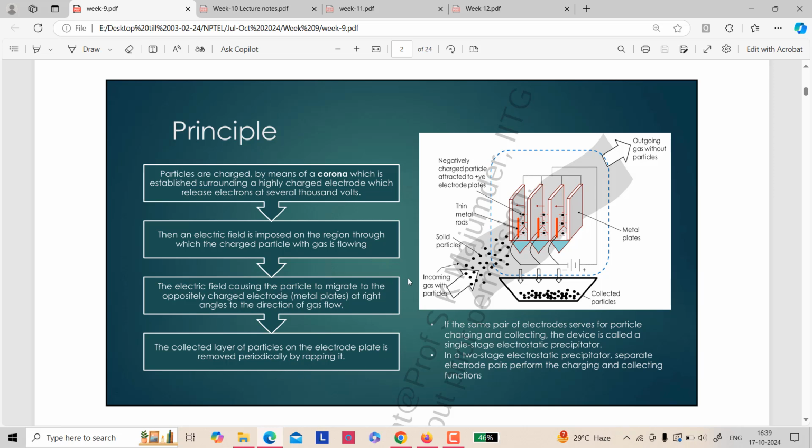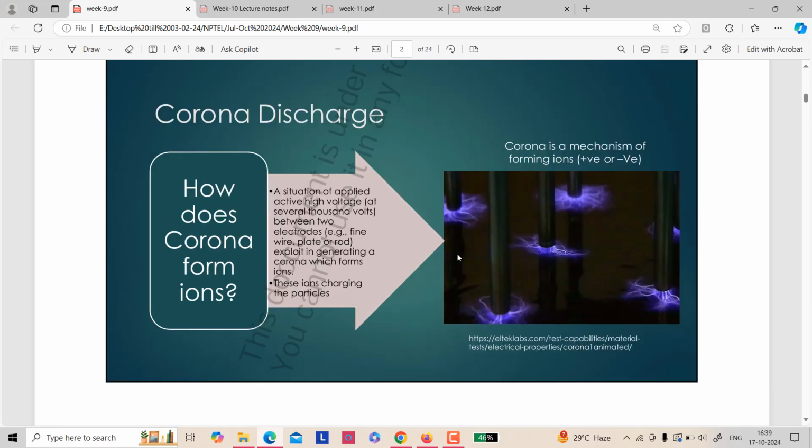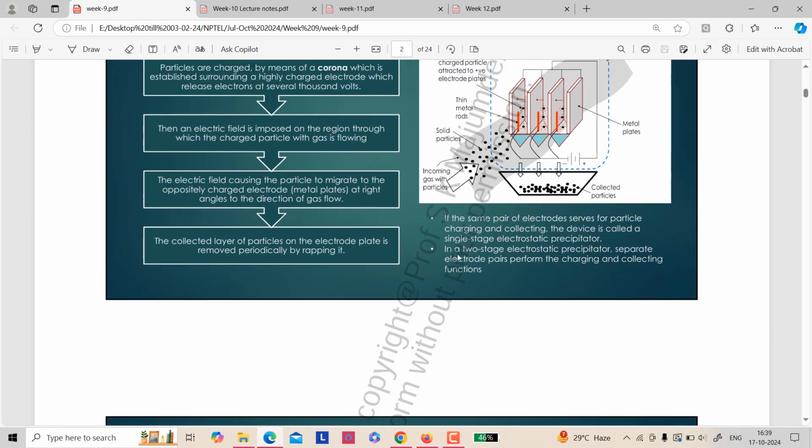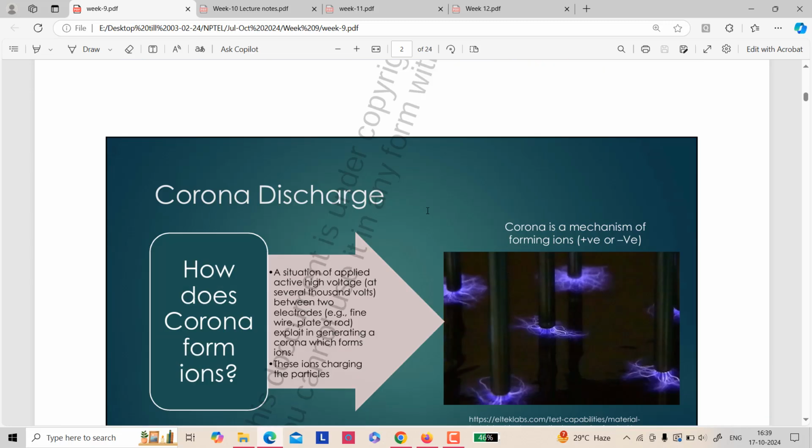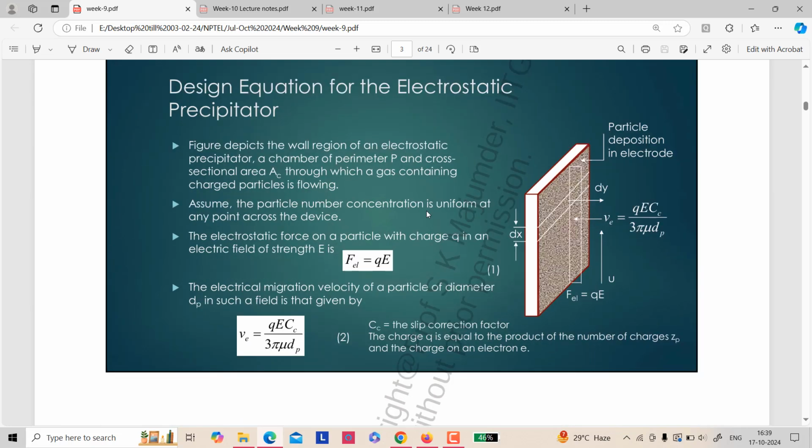I have shown you the videos also, so probably you remember how this electrostatic precipitator works. Particles are charged, and when the electric field is applied in the setup, these charged particles get attracted to the oppositely charged electrodes, and that is how they are separated.